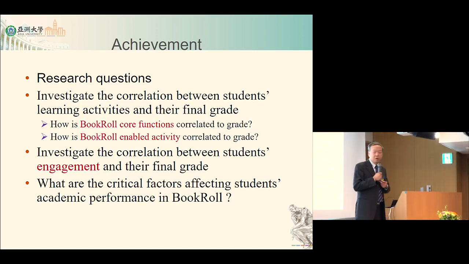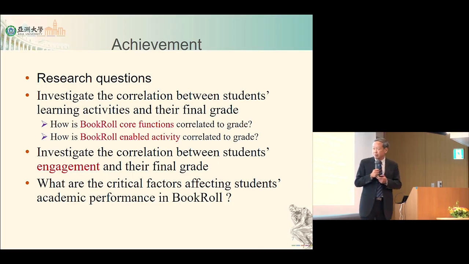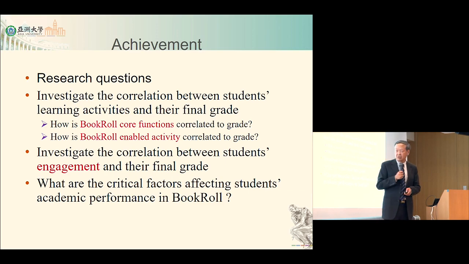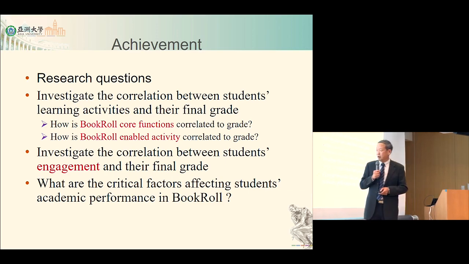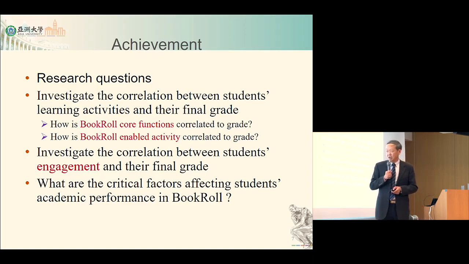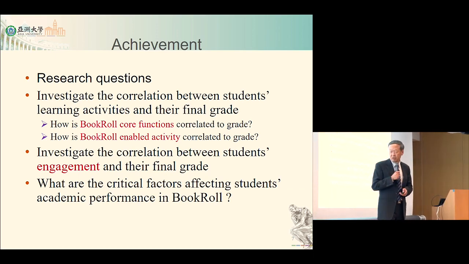For example, they want to investigate the correlation between students' learning activities and their final grade, such as how BookRoll functions correlate to grade. They also want to know how BookRoll enabled activity correlates to grade. Some professors want to investigate the correlation between students' engagement and their final grade. They also want to know what the critical factors affecting students' academic performance in BookRoll are.